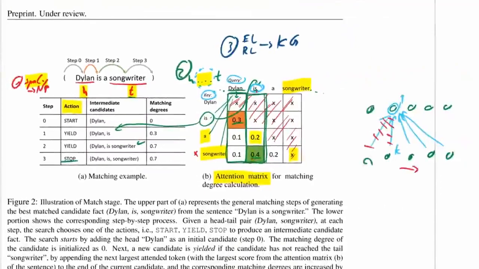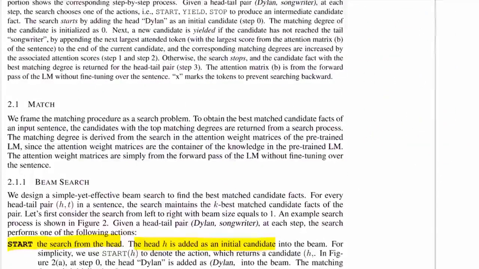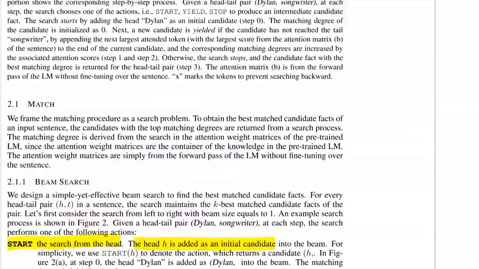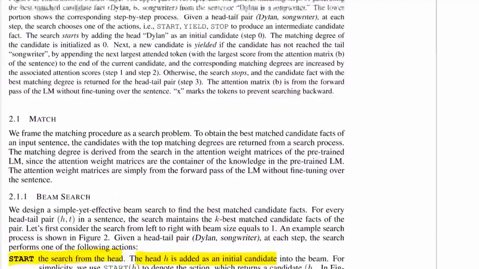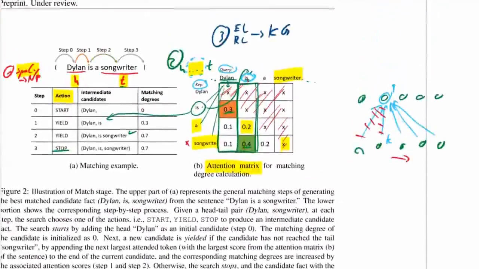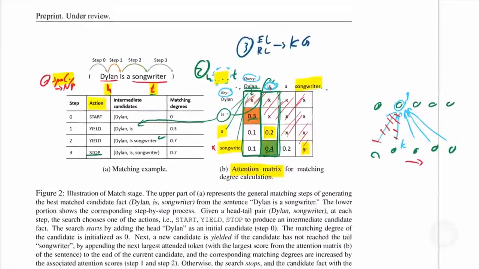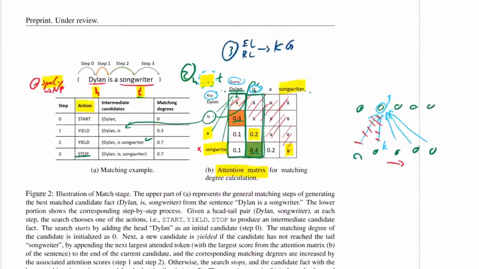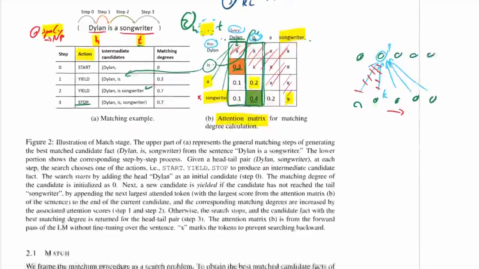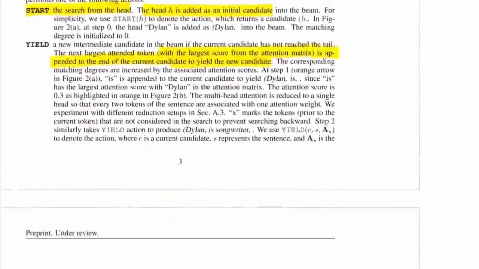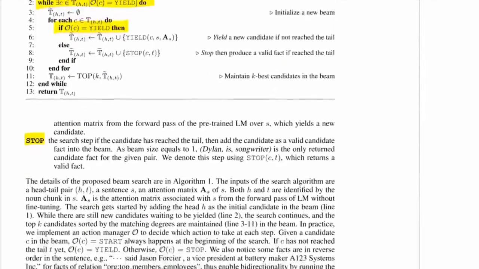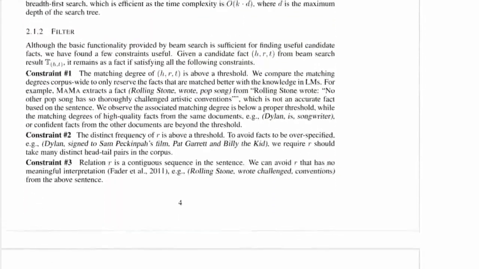So I'm not buying this hypothesis that there is much knowledge in these language models, and that's why this works. What I much rather think is that they are really, really good at grammar and statistical association between words across the language, and that's why they can extract these candidate facts so well. Okay, so that's what I think about the algorithm.